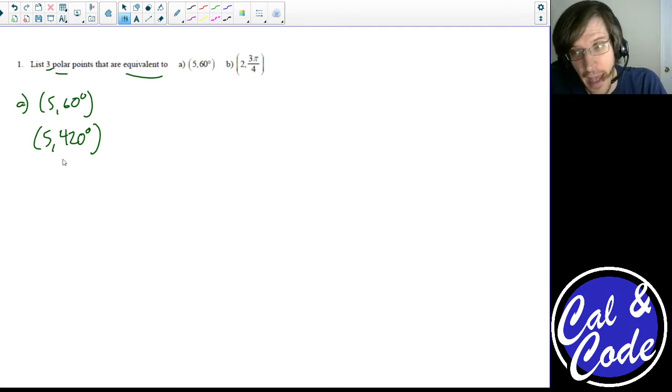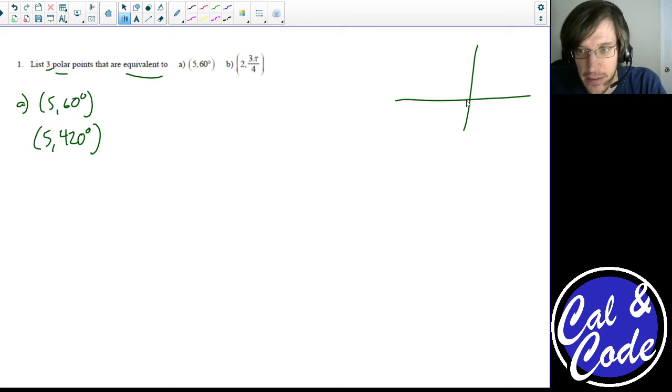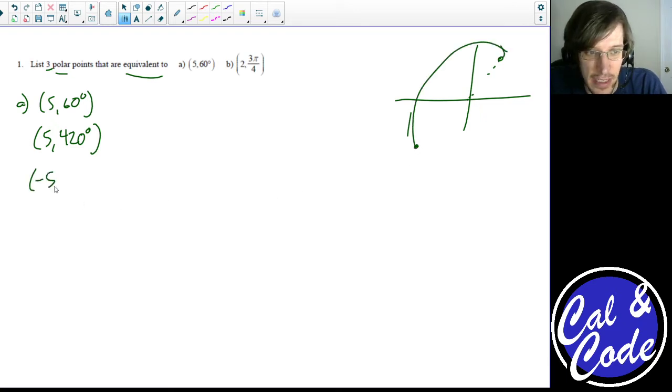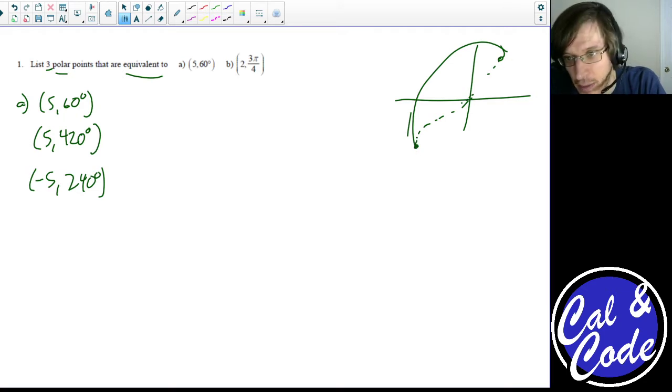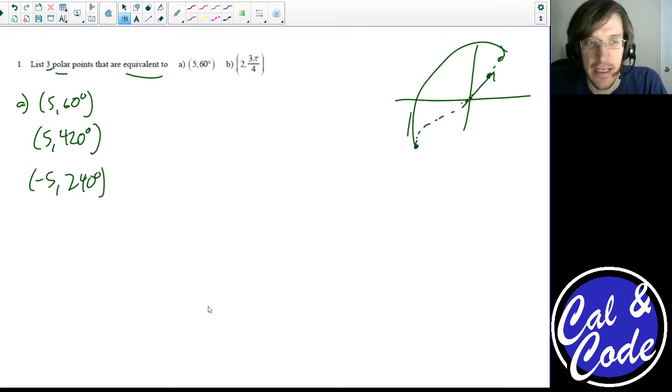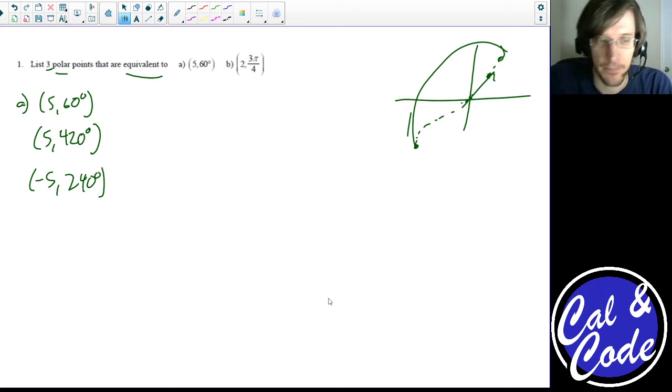Another thing I could do is add 180 degrees instead. If I'm at 60 degrees and 5 out, and I go 180 degrees from here, I'm over there; if I go to the negative radius, I'll end back where I was. So if I say negative 5, add 180 to this, that's 240 degrees, then going back 5 spaces in the opposite direction is the same thing as saying (5, 60°).